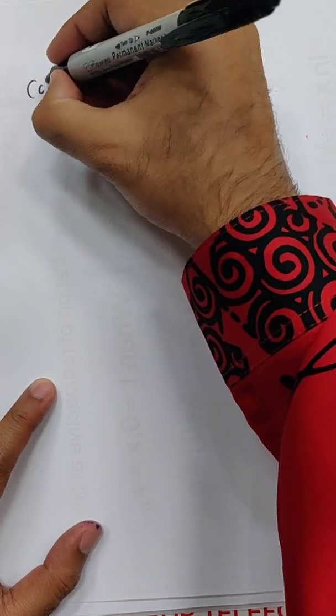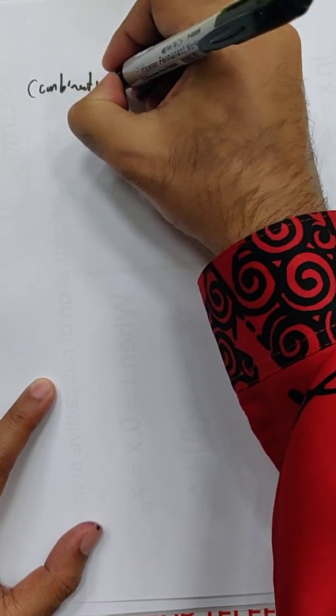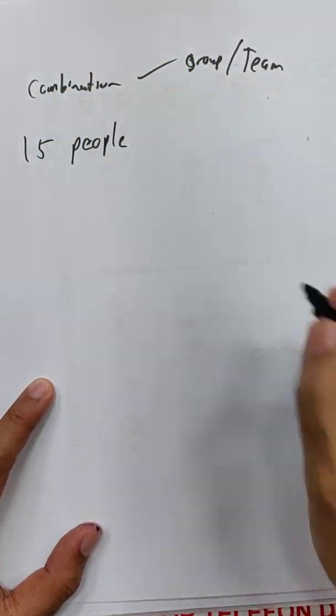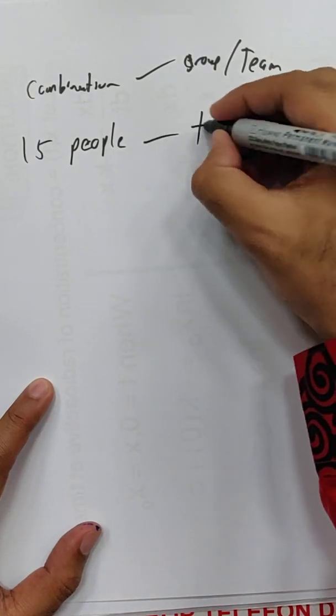The easiest way, mostly when it comes to combination, is about making a group or making a team. Let's say there are 15 people, I'm going to send them for a team of 5.